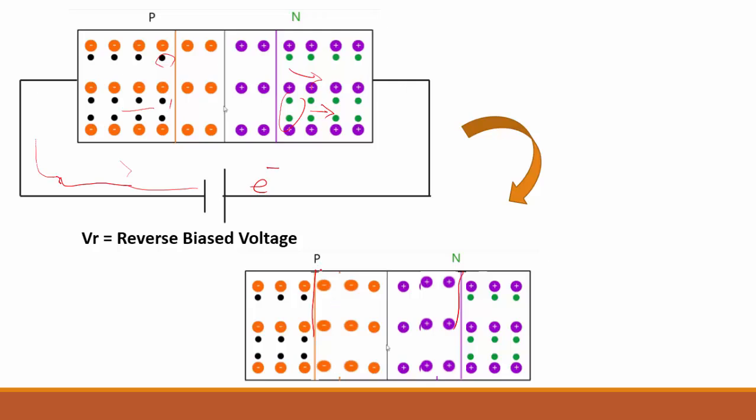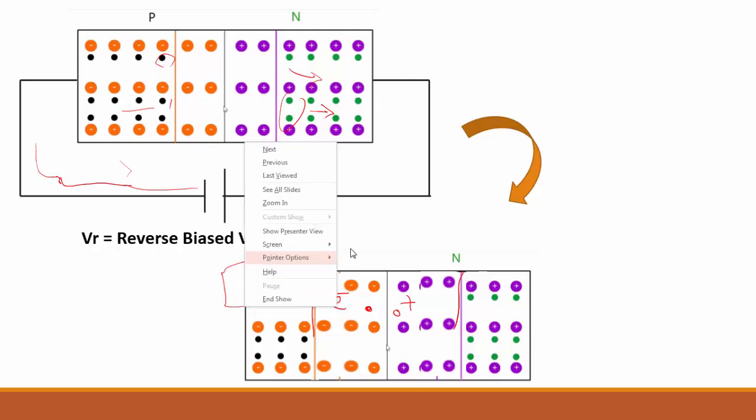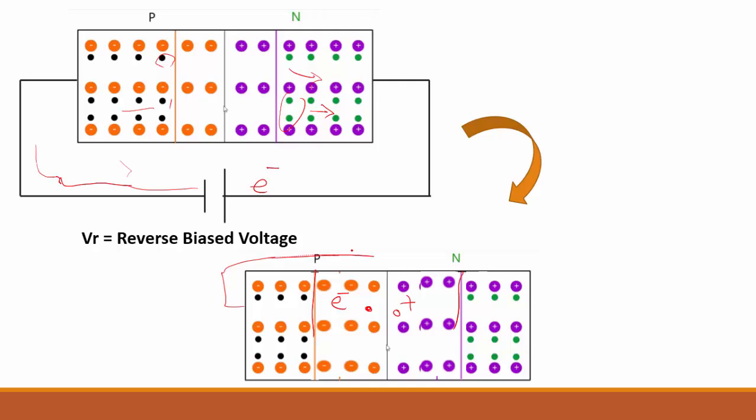Look, what should be the minority charge carrier in the P-type region? That is nothing but an electron. What should be the minority charge carrier in the N-type material? That is nothing but a hole. So I have electrons over here and holes over here, which are minority charge carriers. Here, if you connect the N-type to the negative and the P-type to the positive battery terminal, what happens?